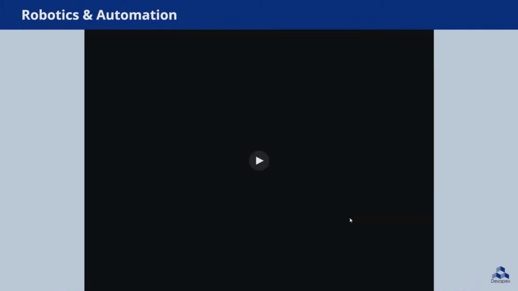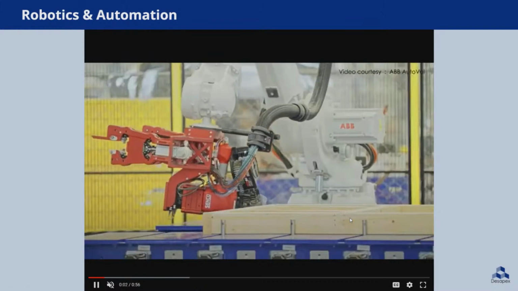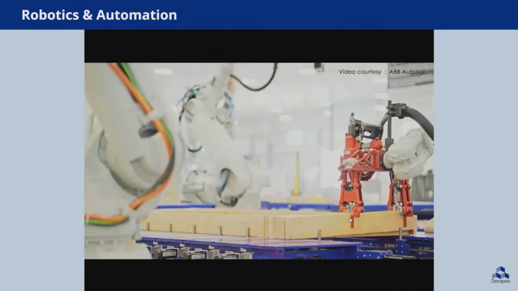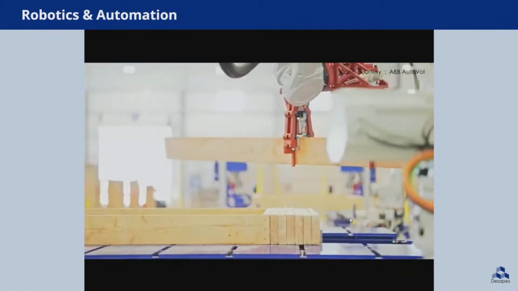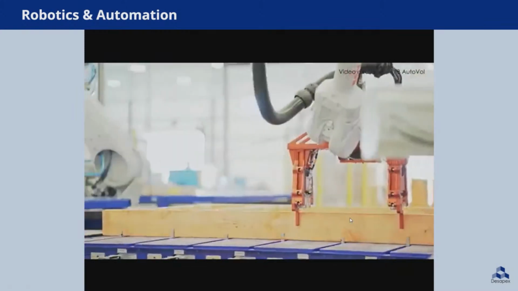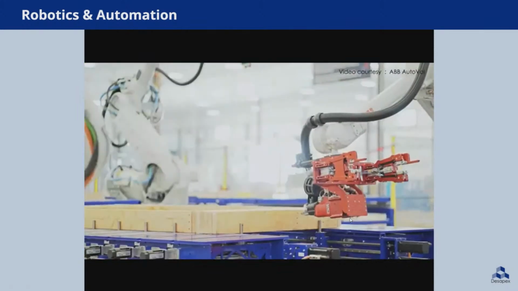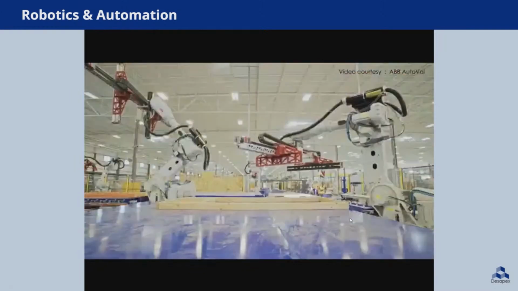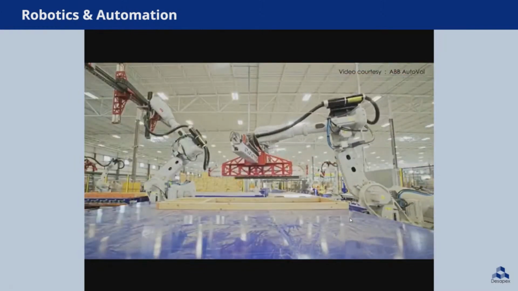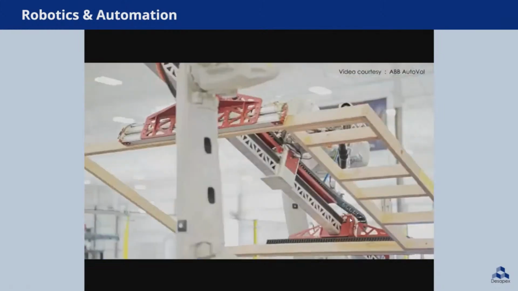I am presenting a video. So here on the shop floor, ABB robots are used for handling and assembling large sections of timber in the prefabrication production lines. Here, various robot systems are used, and they are also integrated with tracks.